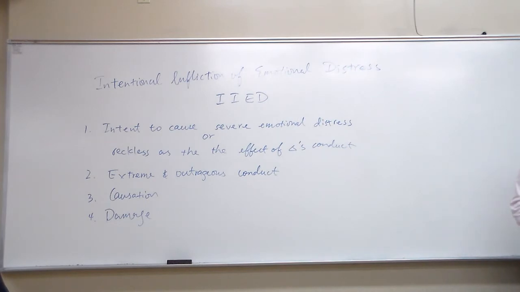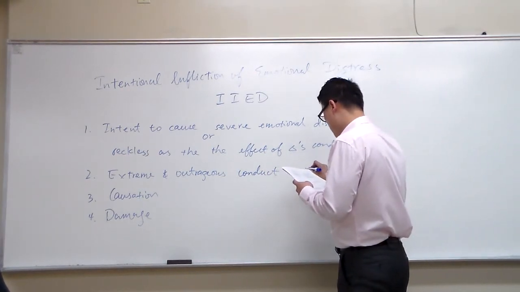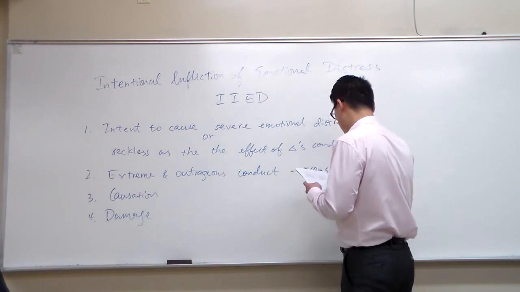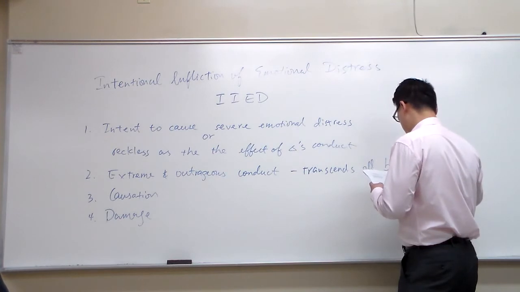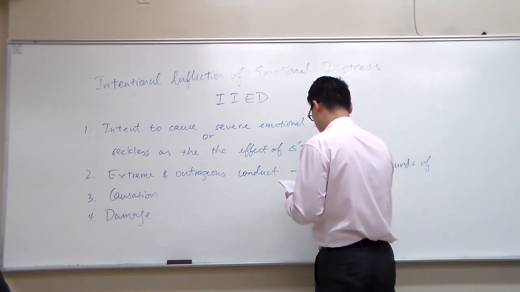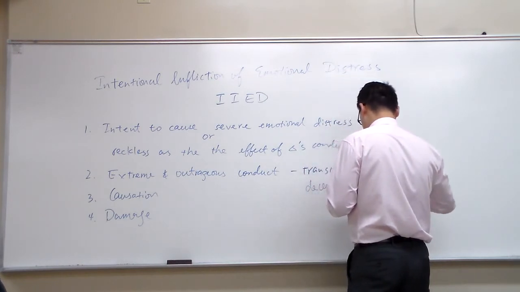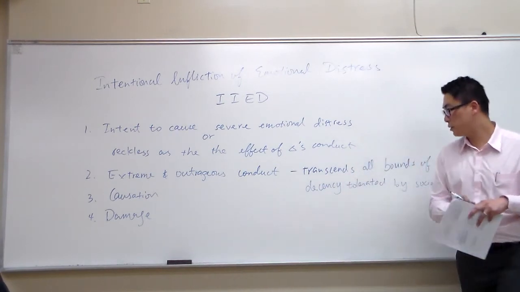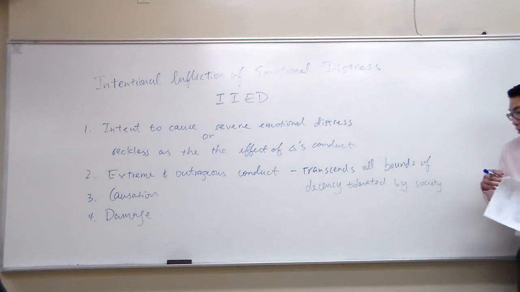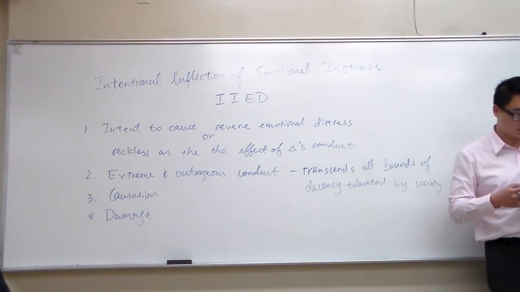The definition in law for extreme and outrageous conduct is conduct that transcends all bounds of human decency tolerated by society.